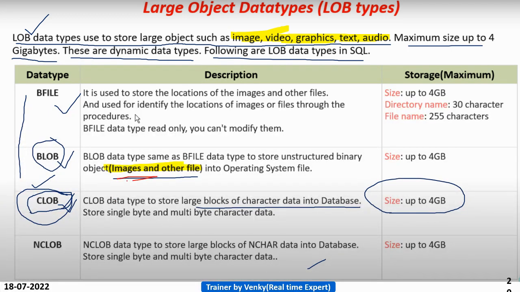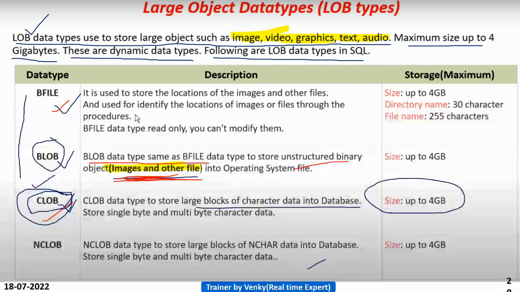Large character data means CLOB. BLOB and BFILE are used to store images, videos, graphics, audio files, those types of files. BLOB is used to store unstructured binary data such as images and other files.